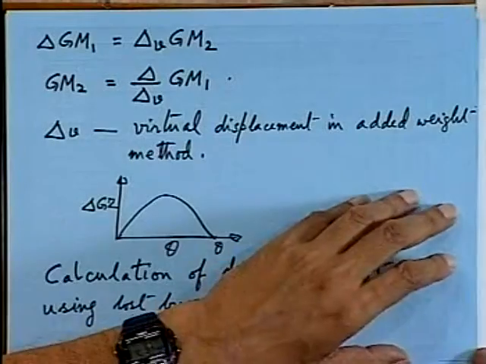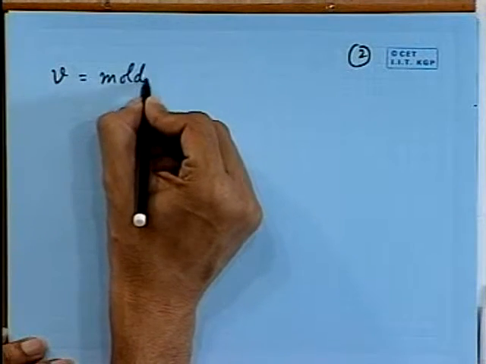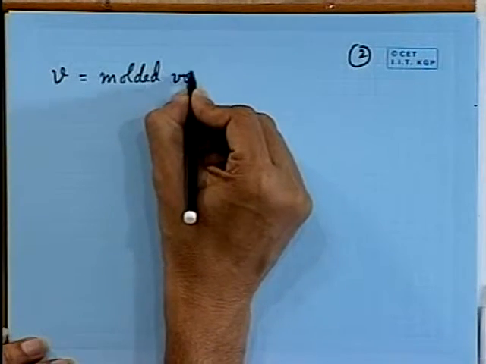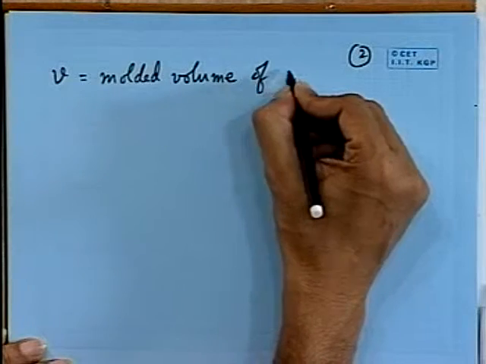Before we start, let us state what the more important parameters are. Let me mark this as 1. Let us keep V to be the molded volume of the flooded compartment below waterline WL.